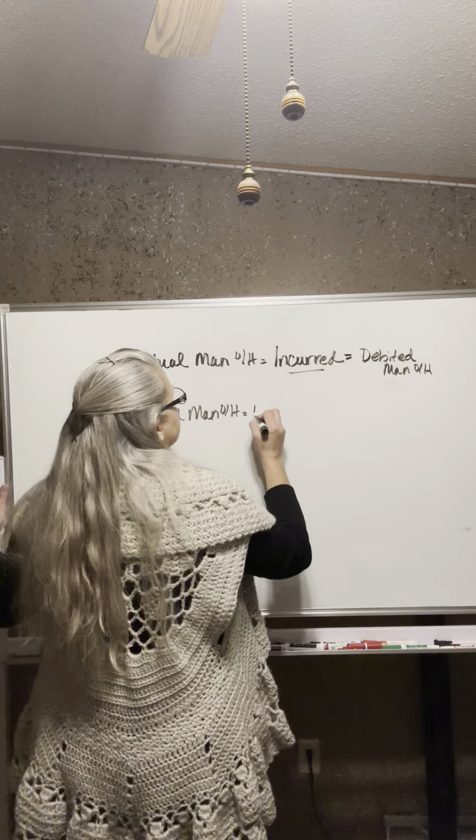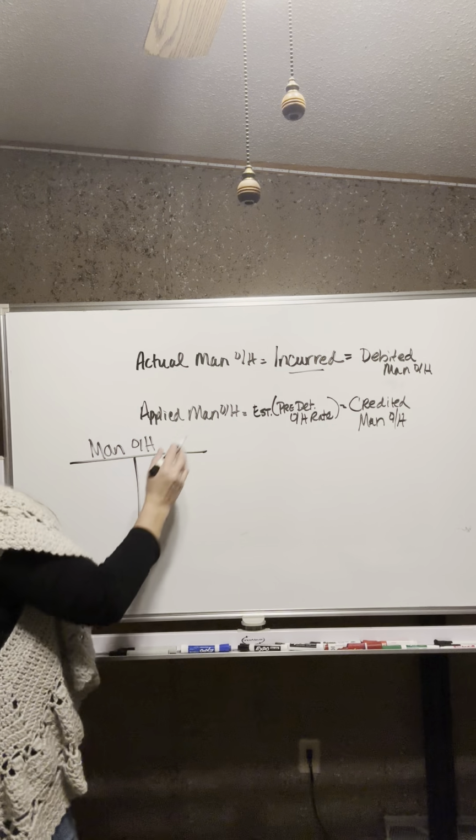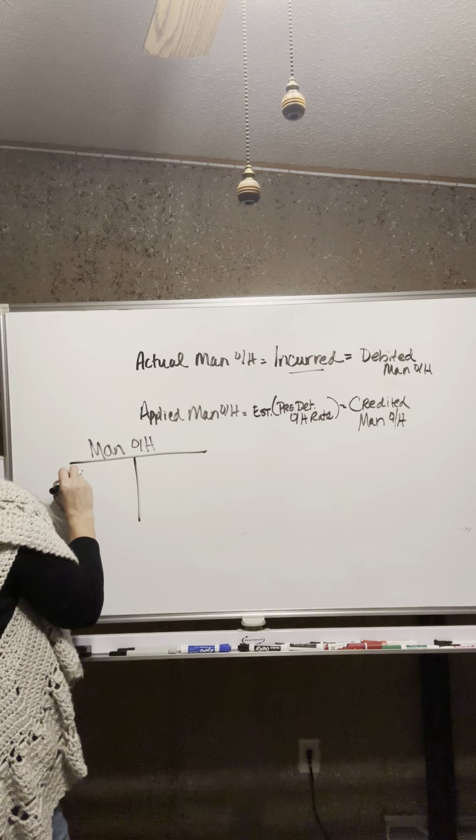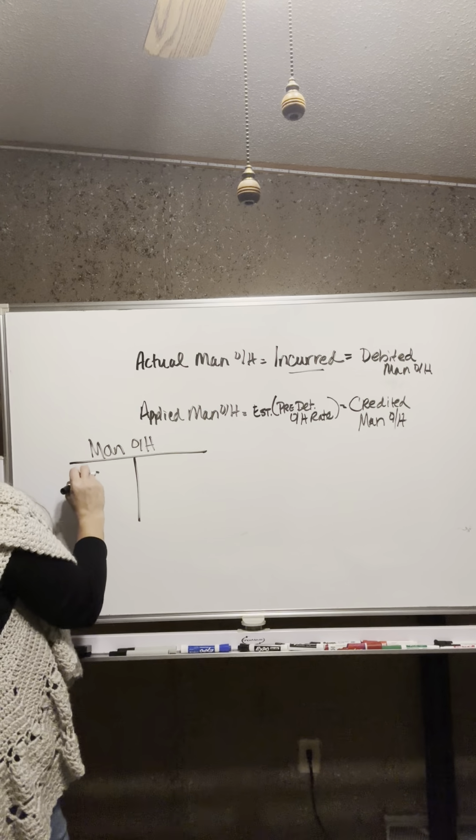That will be your credit to manufacturing overhead. So you've got this T account for manufacturing overhead. When you incur it, that goes here. That's your actual. When you apply it, that goes here.